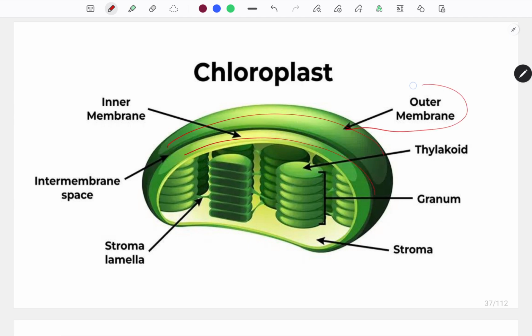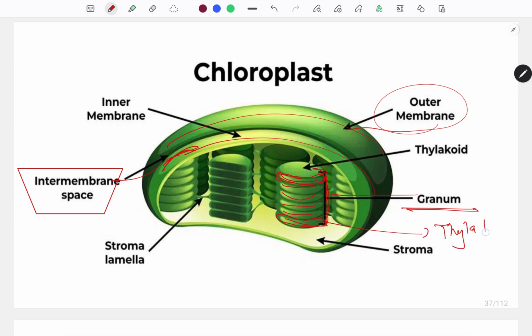There are two membranes, the outermost membrane and the innermost membrane, and there is a space between these two membranes called the intermembrane space. This stack-like structure is called a granum, or grana in plural. The individual structure of the granum is called a thylakoid, and the whole stack of thylakoids is called a granum.